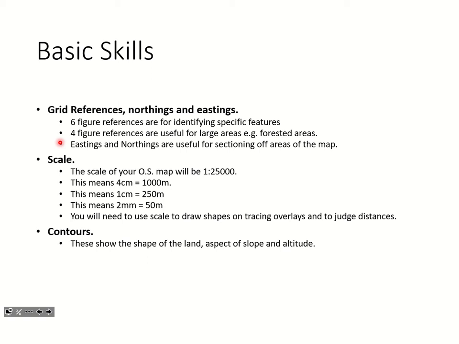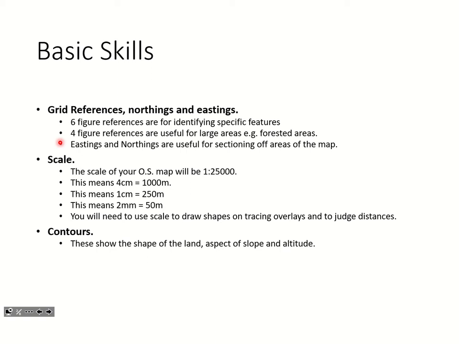Those are the blue lines that make up the grid of your map, as those can quickly allow you to section off areas of the map. In other words, you can say to the north of Northing 55, for example, and to the east of Easting 82. And this allows you to quickly divide up the map if you're looking to make very broad observations.